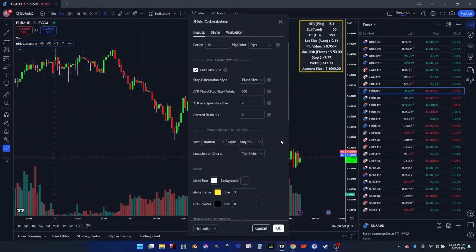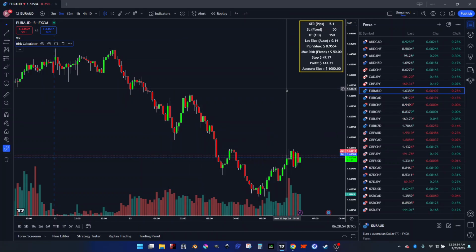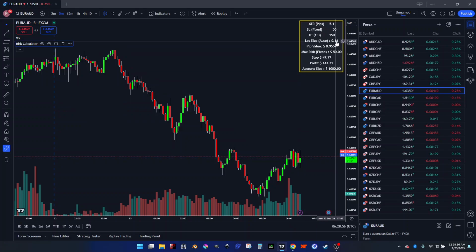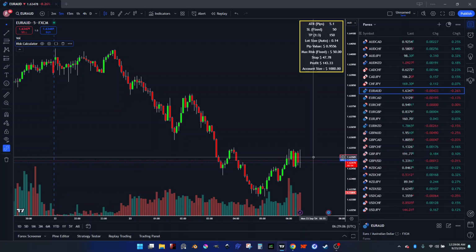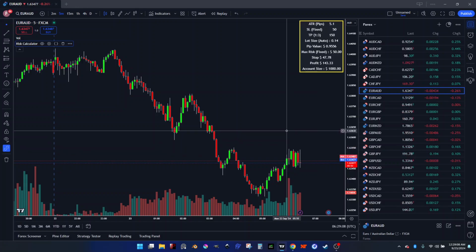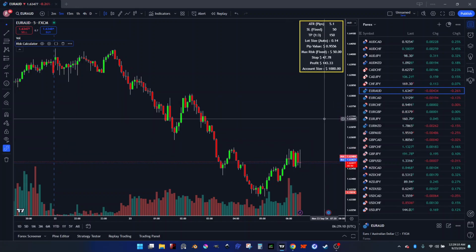On some pairs, the pip value could change. It's not really that important. All we want to know is what size do we need to risk $50 or close to. And typically I would say just pick a size, risk a set amount, and stick with that size for a while until you grow.